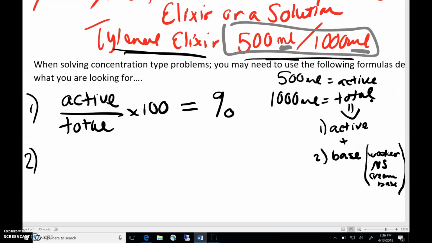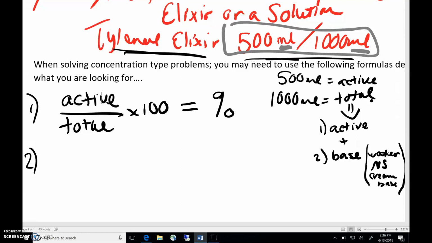So an example I use for that is, let's say you have a water bottle and you have Crystal Light powder. If you add that Crystal Light powder to your water bottle, you now have given that water a flavor, which means that your Crystal Light powder is your active ingredient and your water is your base.